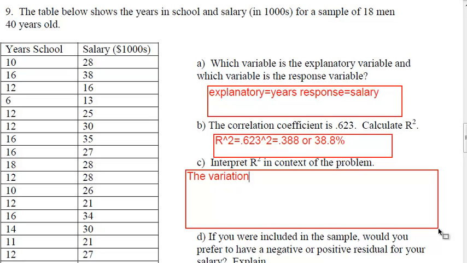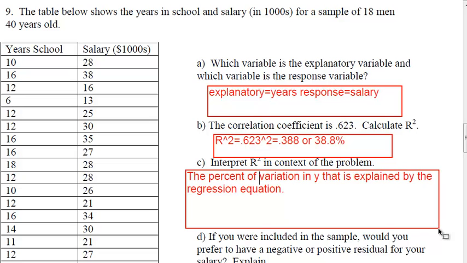So the variation in y that is explained by the regression equation. Or you could say your variable x, but we'll just say the regression equation. Okay, and I left something out there actually, sorry. So it's the percent of variation in y that's explained by the regression equation.